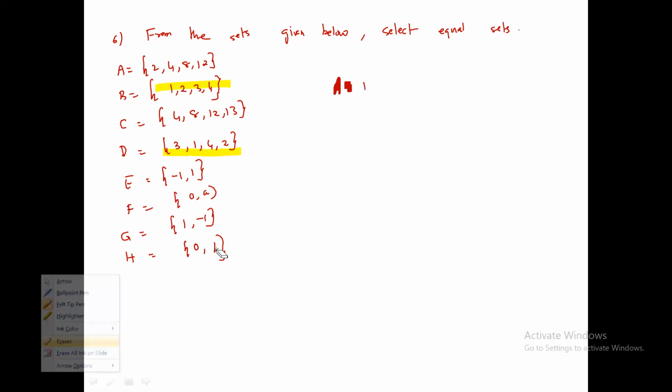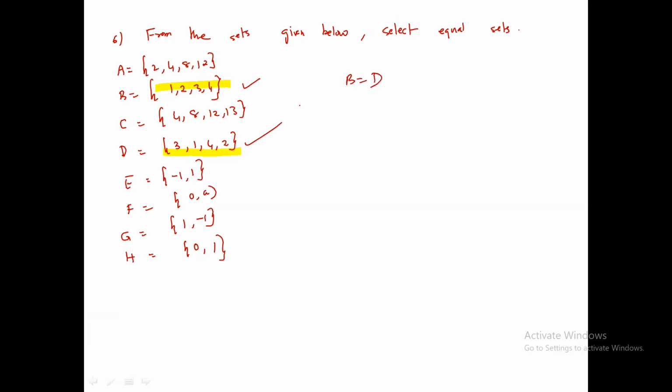One second, the pen wasn't writing. So I can say set B and set D are equal because both are having 1, 2, 3, 4. Similarly, set E and set G are equal because both are having elements -1, 1. That's it. Remaining all the sets are different.